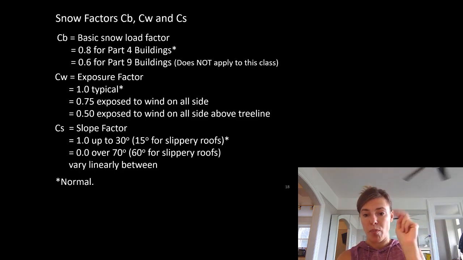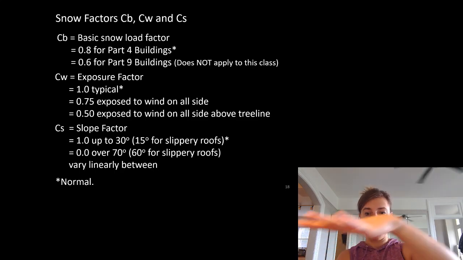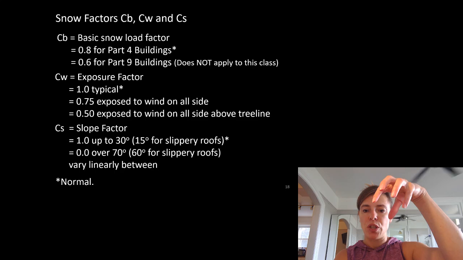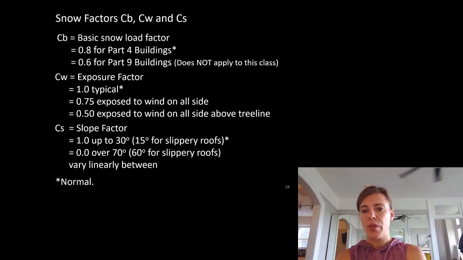So somewhere between 0.8 and 1. I've done a few large, low arenas, usually the suburban or rural style arenas where they have all kinds of land space and it can spread out over a big terrain, where you can imagine the middle of the roof, there's nowhere for the snow to go but other roofs. So there our CB might go up. But for us, don't worry about it. You're going to use 0.8.